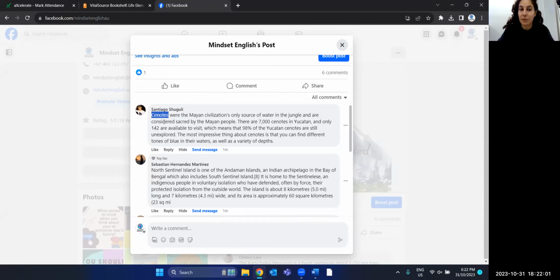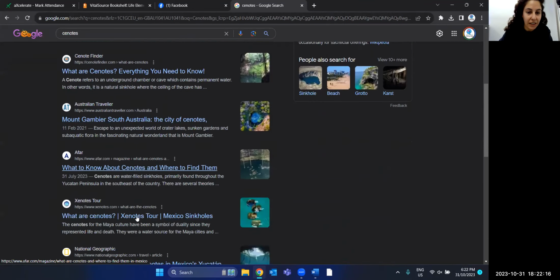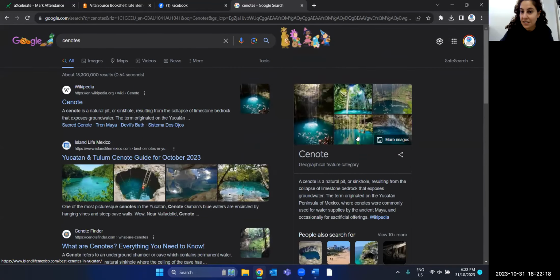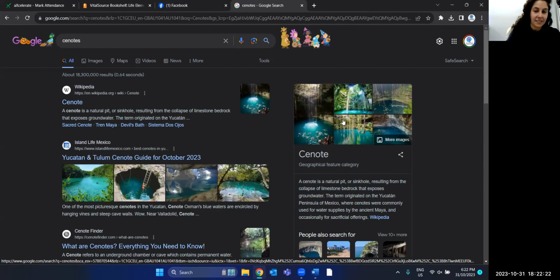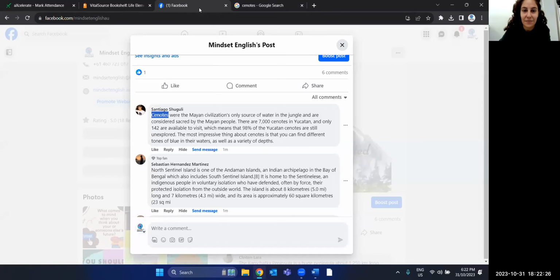So is that the name of the place? So try and write the full name if you can. So this is the place, is that right? The cenotes. Okay.